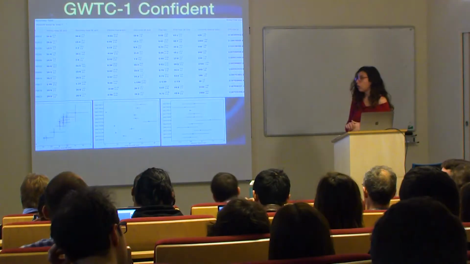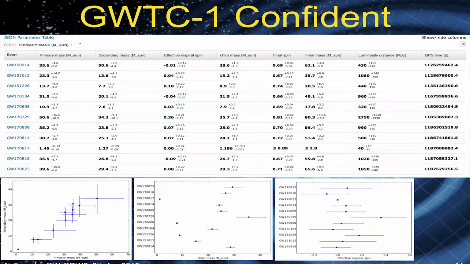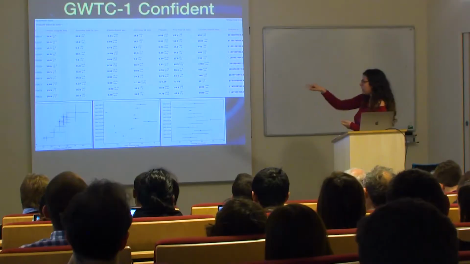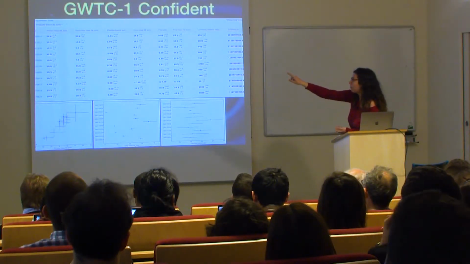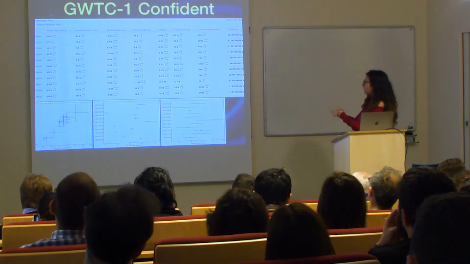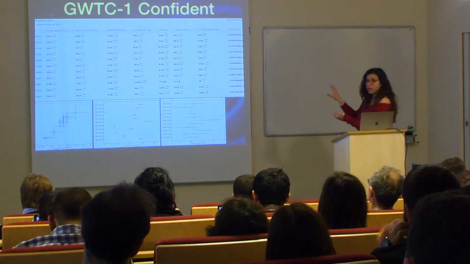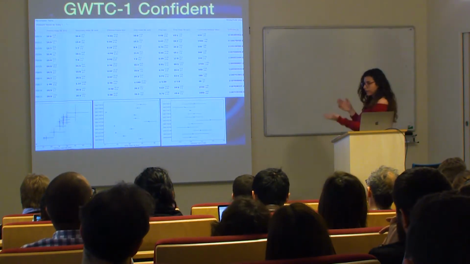So if you go on the page that shows you the confident detections, that's what you will see. I'm sorry, it's a bit cut at the extreme, but the name of the event always starts with GW, that you don't see, but okay, you can imagine. So you have a page like this that shows you for each event the main quantities that characterize the event.